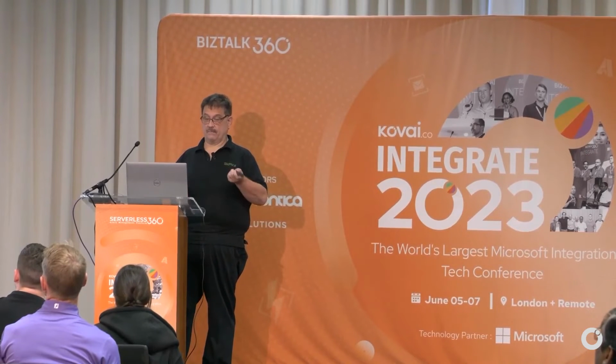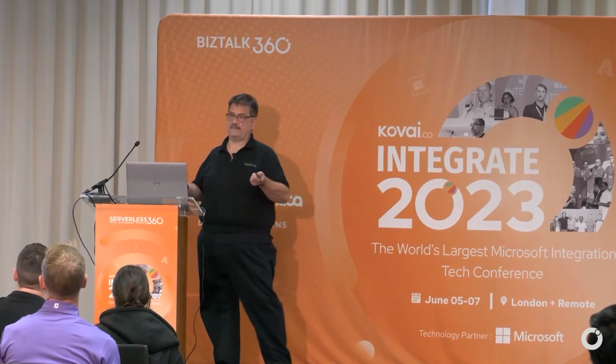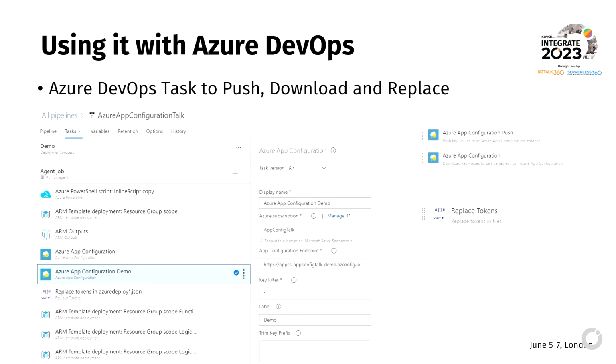Then I use that replace token on the JSON file. So that's basically the bicep compiled into an ARM template. And then it goes and replaces any of those in. Because like if I do API management with a logic app, I need that URL template in my policy.